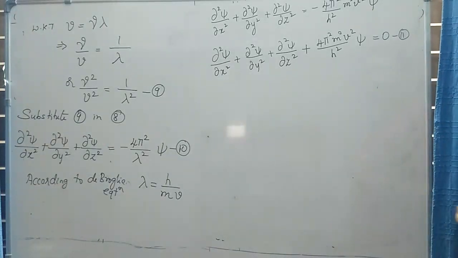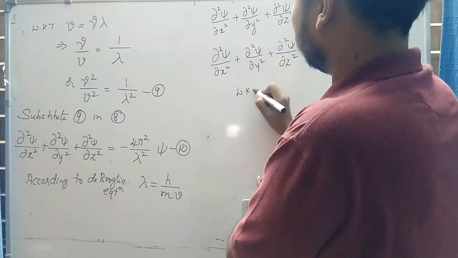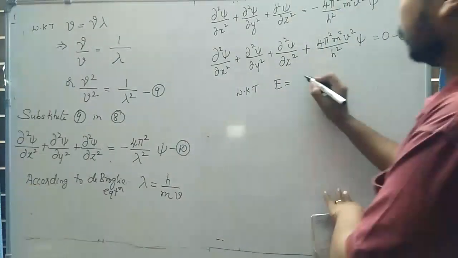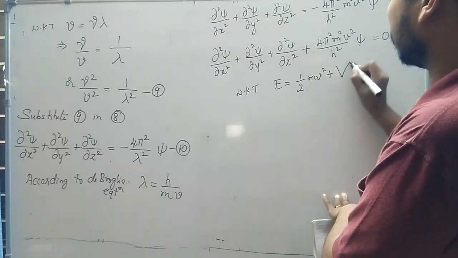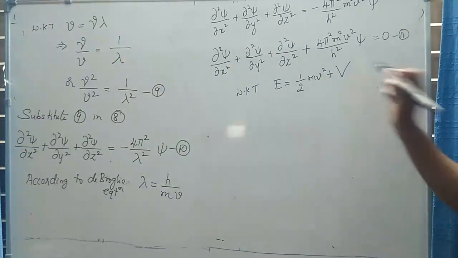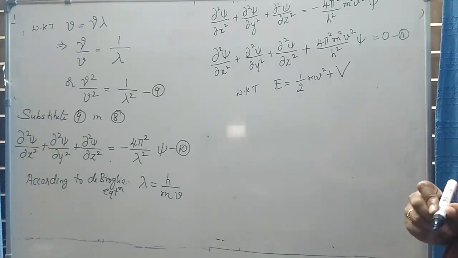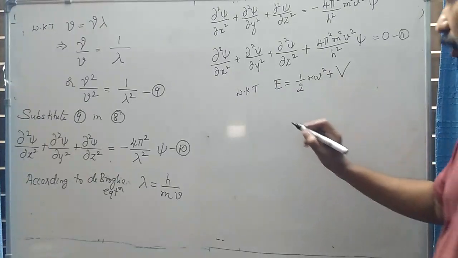Okay, so we have to make some more changes in equation 11. We know that the total energy of a system is the sum of kinetic energy plus potential energy. Capital V represents the potential energy, not the velocity. Don't get confused: small v represents velocity, capital V represents potential energy.